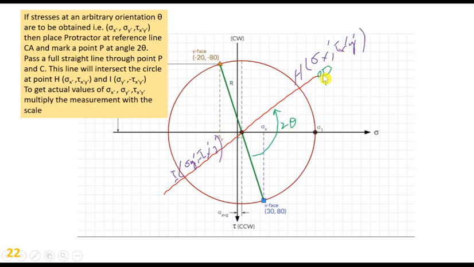So once we have this point, the green point, I have highlighted it, I have made it like this.